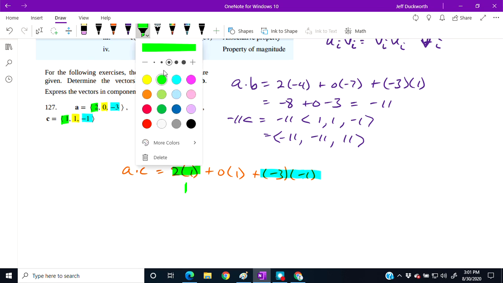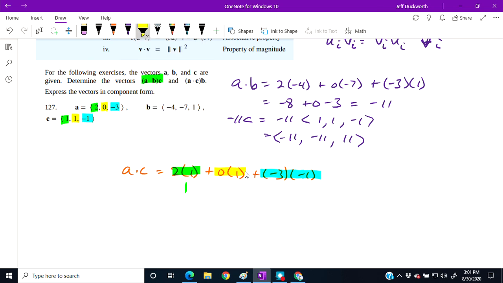All right, well, at any rate, this equals 2 plus 0 plus 3, which equals 5.